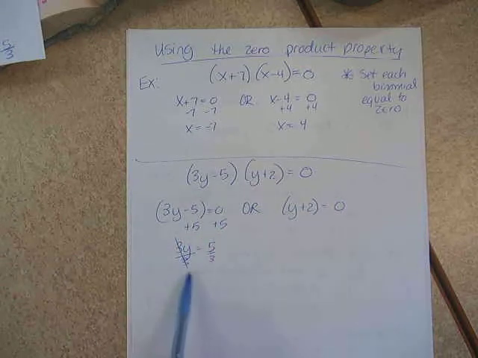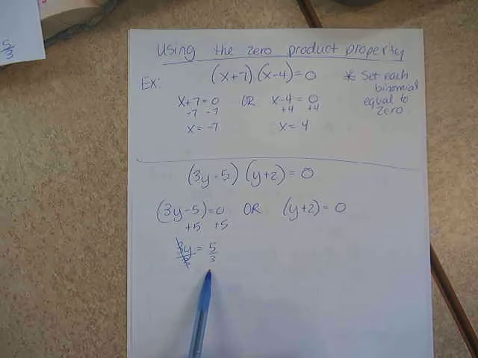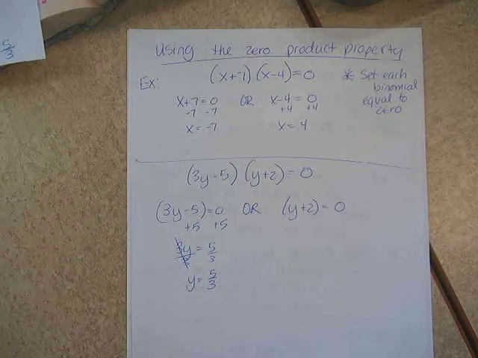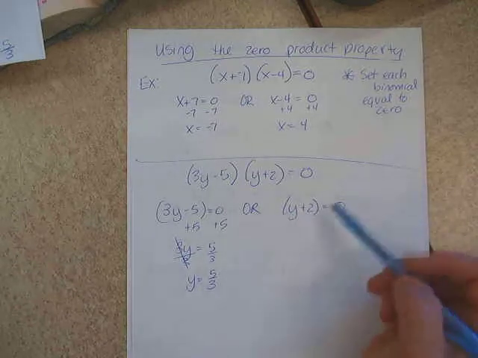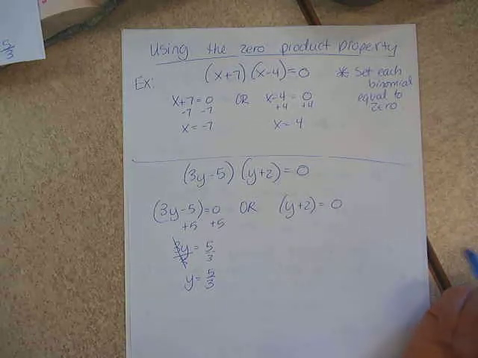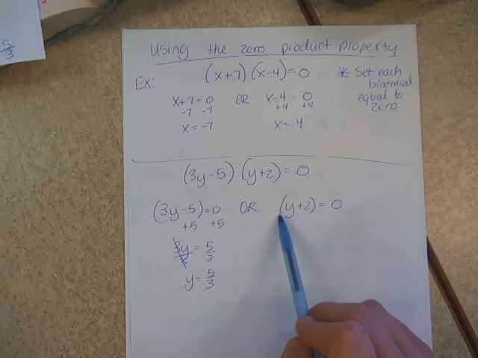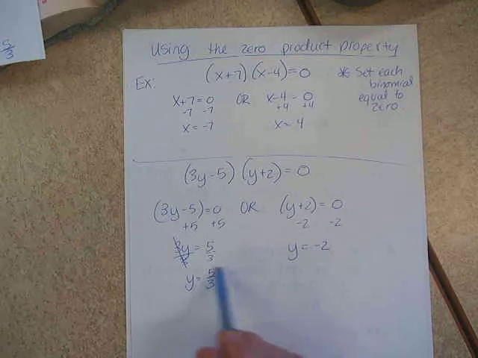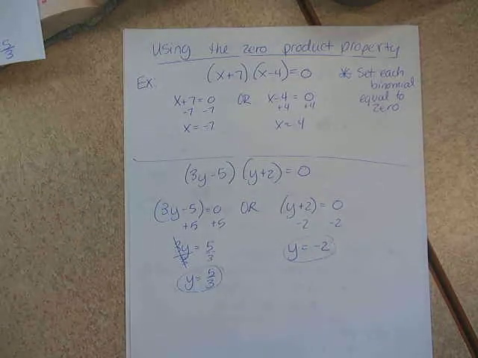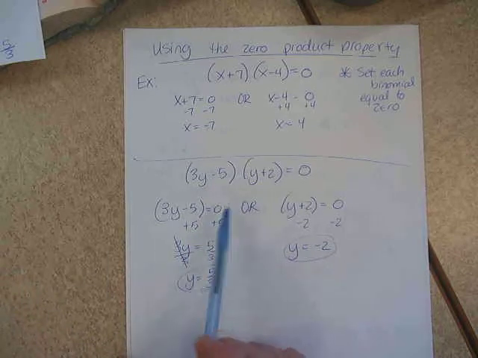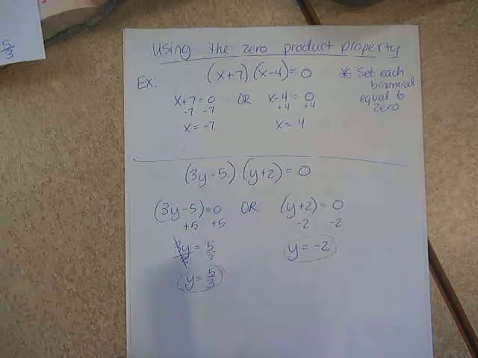So I'd get 3y equals 5, but I'm not done because I have to divide out that coefficient. And the nice thing is we're going to leave this as an improper fraction. So our solution here is 5/3. Over here, this one doesn't have a coefficient, so if you're looking at that thinking, oh, that's just -2, you are correct. That one is just -2 because there's no number to divide out. So if I subtracted 2, y would equal -2. So my two solutions would be there.